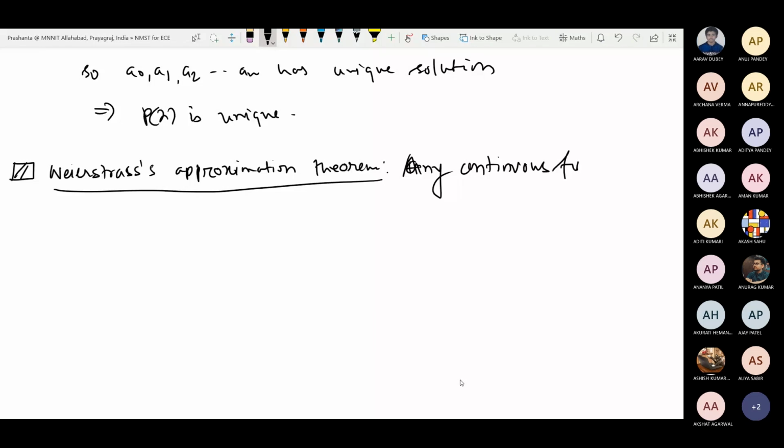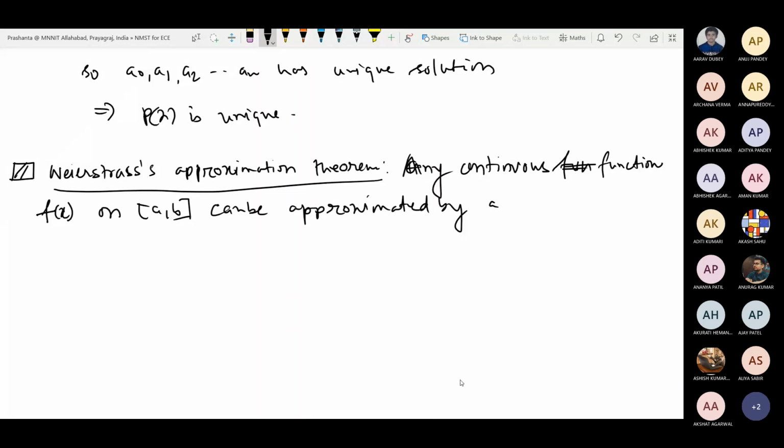So any continuous function f of x on the interval, you will be considering the function in a certain interval. So any continuous function f of x on the interval a comma b can be approximated by a polynomial.